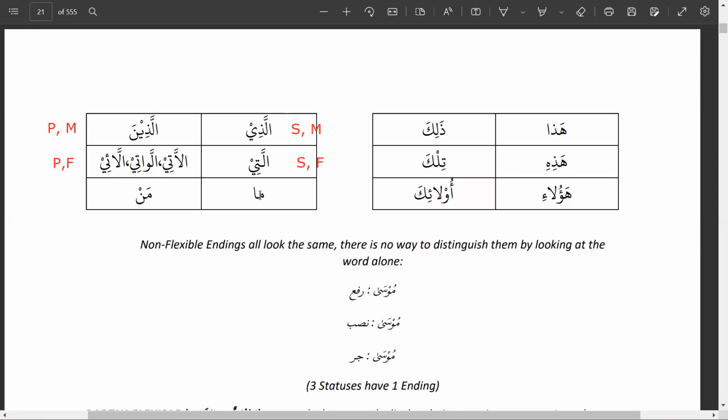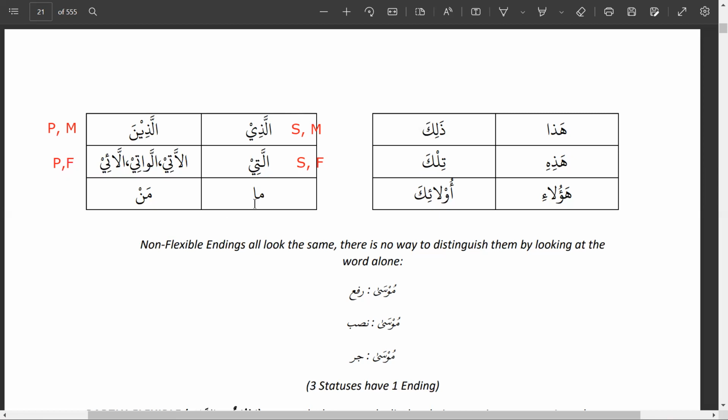So these are connector isms, and ma and man can also be connector isms if they are coming in the middle of the sentence. You learned man in some of the question sentences, where man was coming at the beginning of the sentence, so it was ism istifham, the question word. Ma means what, man is who. But when these come in the middle of a sentence, sometimes they act as connector isms.